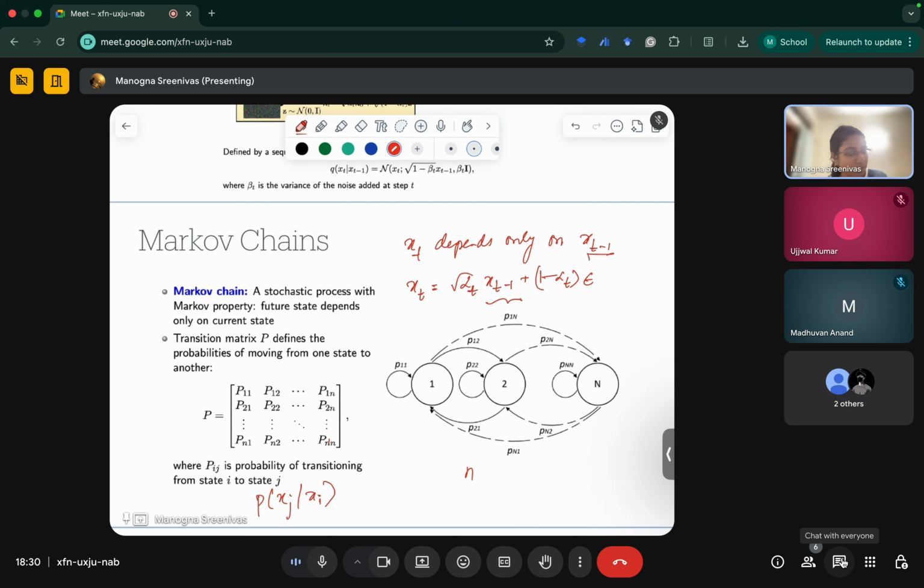So can you say something about a characteristic of this matrix? Starting from state 1 in this image, where can it go? From 1 we can go to 2 and n.